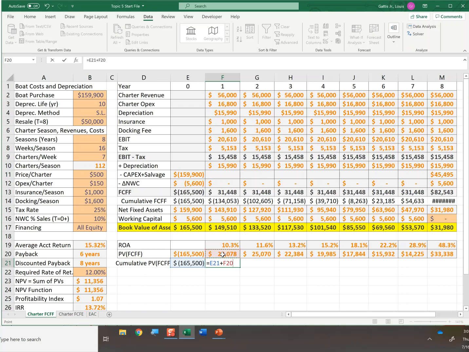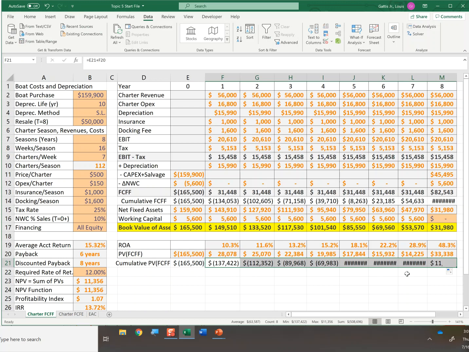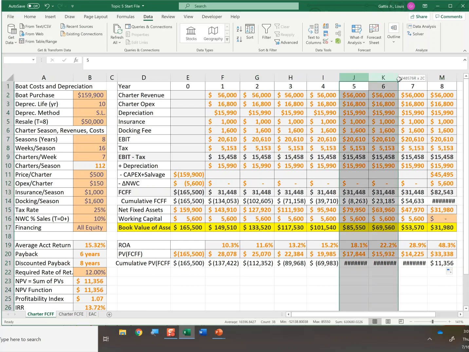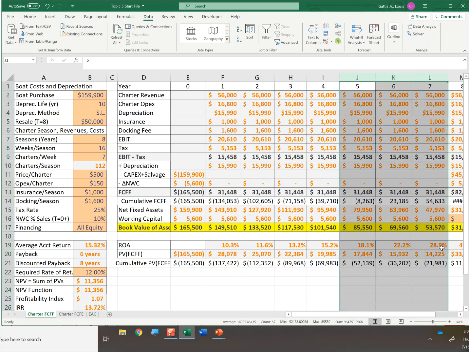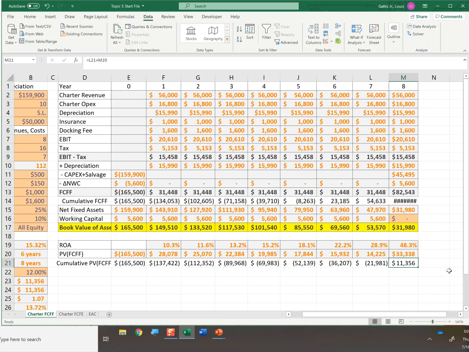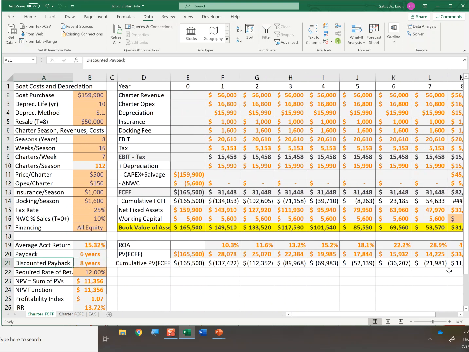So I start off at 165 in the red, then I'll copy across, and it looks like the first year that it turns positive, or at least breaks even, is year 8. So my discounted payback is 8 years, and I accept that project as long as you're accepting projects that say have a less than 10-year discounted payback period.